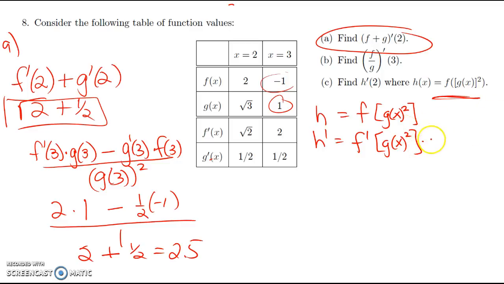We're going to use the power rule: 2 g of x times g prime of x. Alright? So we would go ahead and plug those in, and we're finding it at 2. So g of 2 is square root of 3, squared is 3. So this is f prime of 3 times 2 times g prime of 2, square root of 3. I'm not going to finish this.